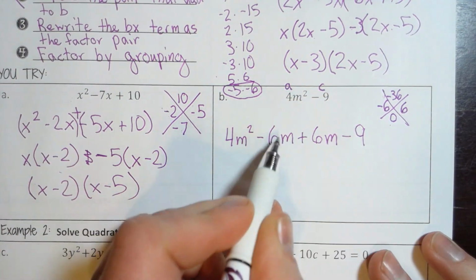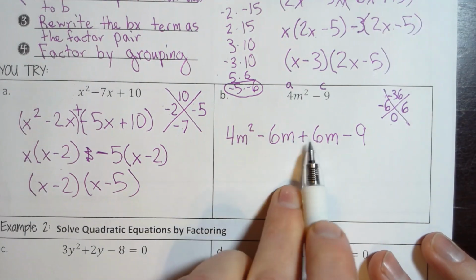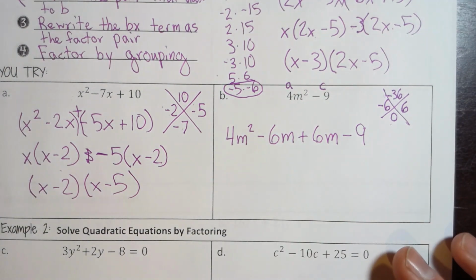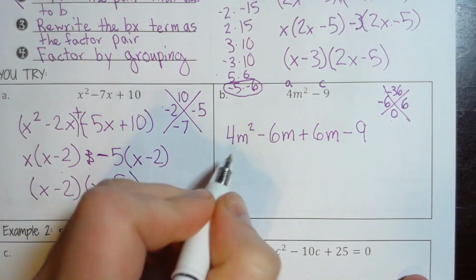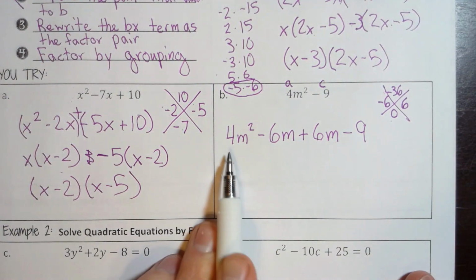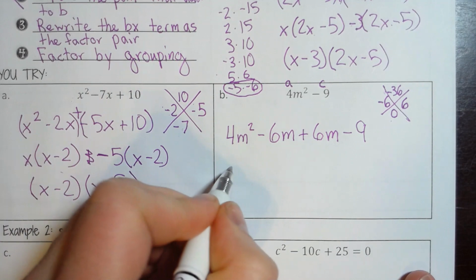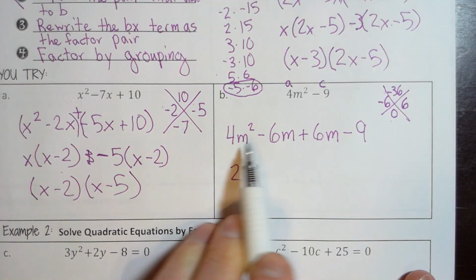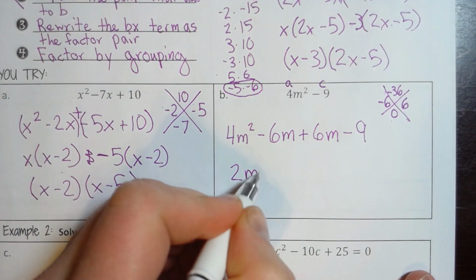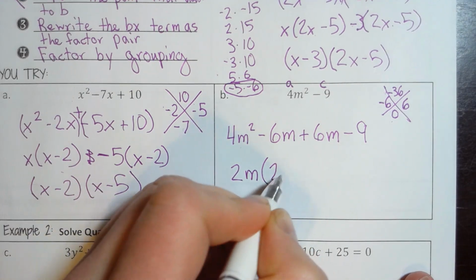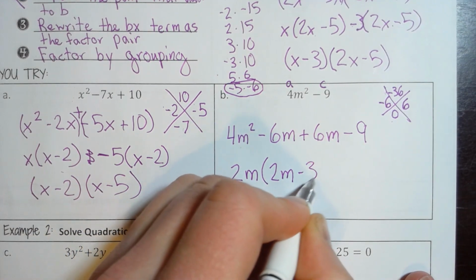Is what I have here the same as what I have here? Yes, because these two things would cancel themselves out. Okay, so we're doing well. Now, my GCF of the coefficients, well, that's 2. My GCF of the variables gives me m. I'm left with 2m minus 3.